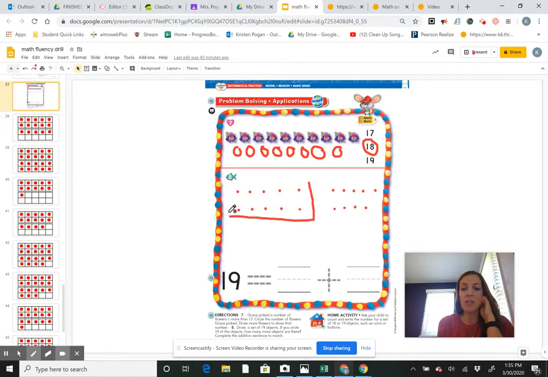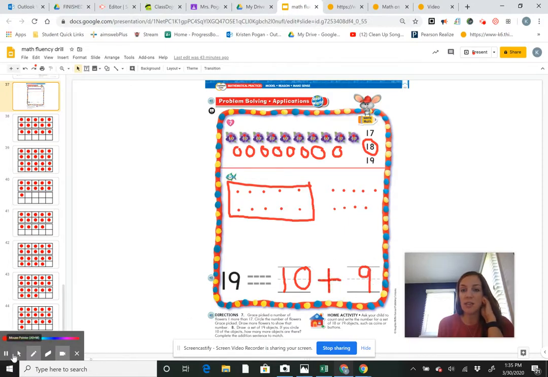So if I put 10 in my first group, how many more do I have? 19 shows you the clue is 10 and how many more? You might already know the answer. Let's count to confirm. 1, 2, 3, 4, 5, 6, 7, 8, 9. So 19 equals 10 plus 9.